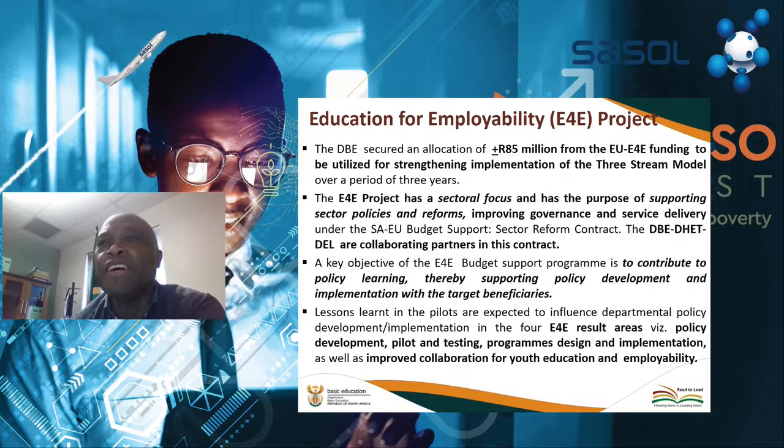Here, the beneficiaries are actually young people, especially from basic education, young people who are leaving school, so that they leave school equally equipped to either articulate in the world of work or to enter into higher education institutions and learn trades or qualifications that are in demand in industry and business.